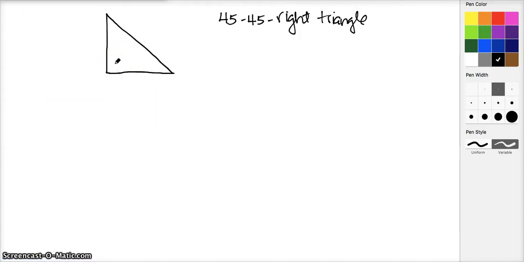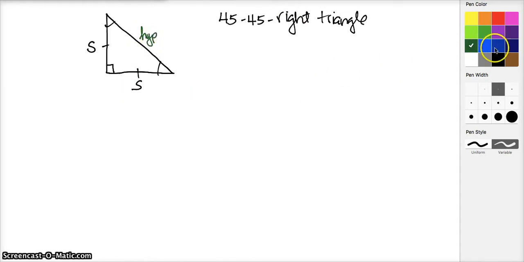The first thing we're going to do is develop a formula for our 45-45 right triangle. Let's say we're given this triangle, and we're told that the legs have a length of s and s. Let's call this side the hypotenuse, which it is.